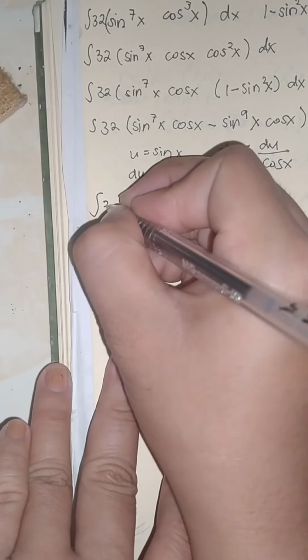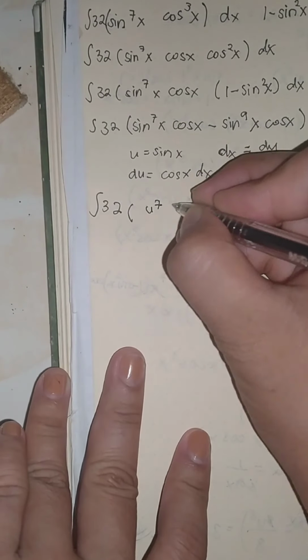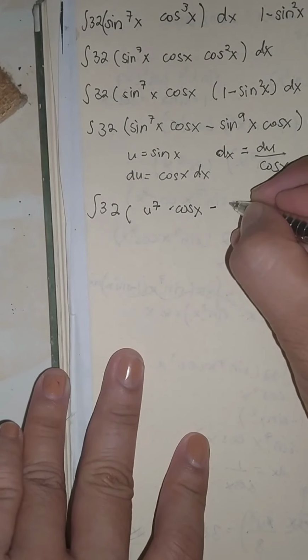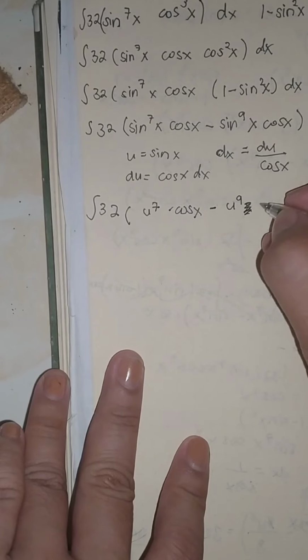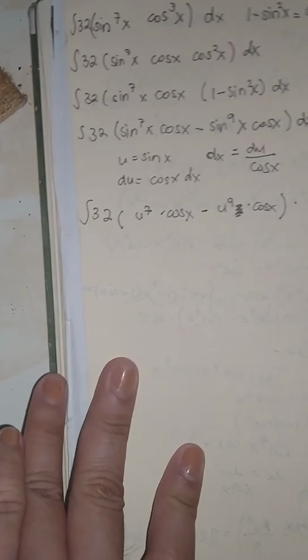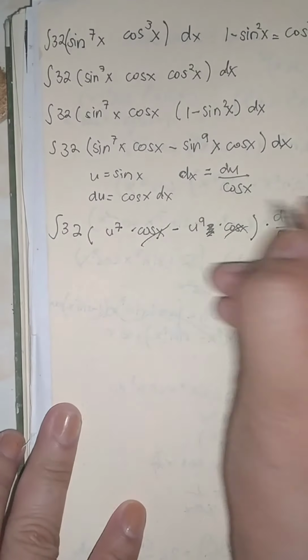We have 32 u raised to 7 multiplied by cosine x minus u raised to 9 multiplied by cosine x multiplied by du over cosine x. So cancel.